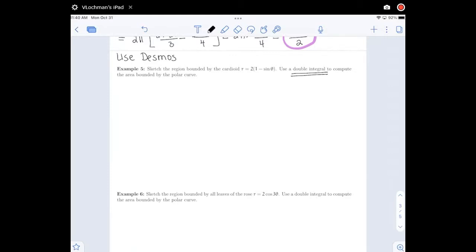Okay, so how do I go about it? Well, first let's go ahead and sketch it. And again, I'm just going to use Desmos. And if I plug in 2 times 1 minus sine theta, I'm going to get something that looks like this.